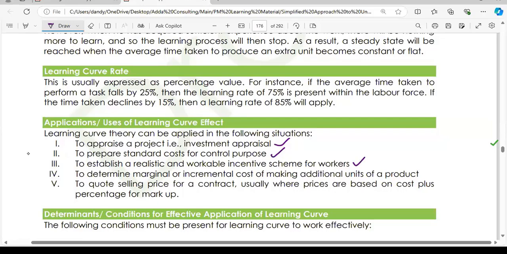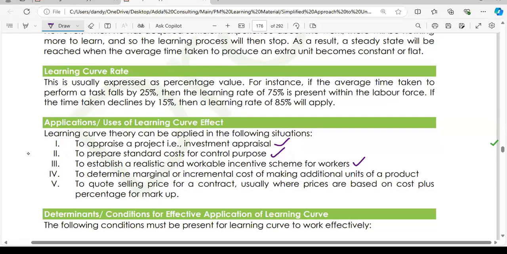Number four, to determine marginal or incremental cost of making additional units of a product. Under the marginal cost, you also have labor. When you talk about marginal cost, it's the same thing as direct cost. Marginal cost is the extra we are talking about, the extra labor cost that will be incurred in making an additional unit of a product.